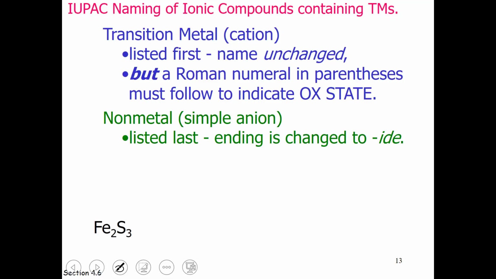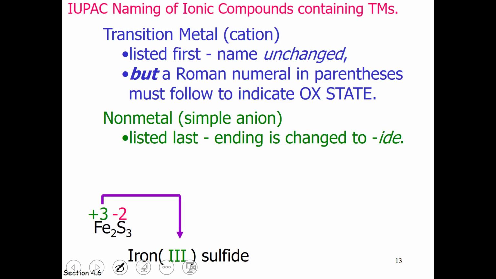So let's look at Fe2S3. This is going to be called iron with an oxidation state, sulfide. How do we get the oxidation state? Well, we recognize that sulfur is very likely -2. Therefore, the iron has to be an oxidation state of 3.